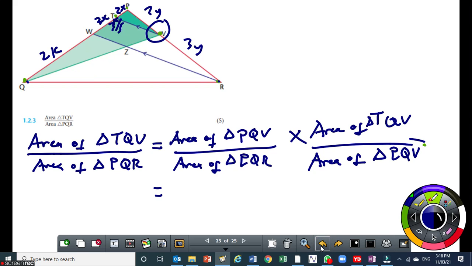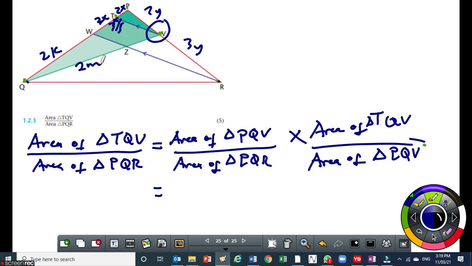Okay, let me recalibrate. So I'll say this is 2M. It's 2M because in triangle QTV, if I use the proportion theorem, because the coefficient of the K is 2, the coefficient of that M must be 2.